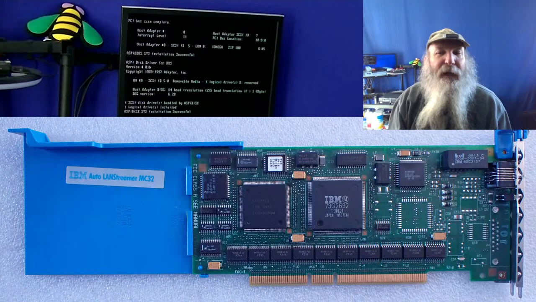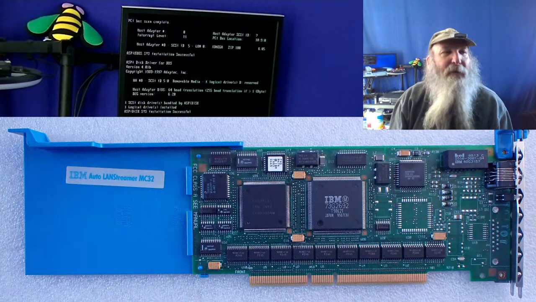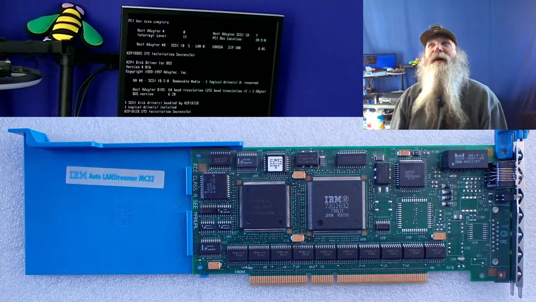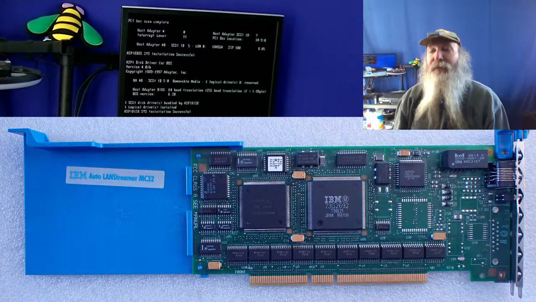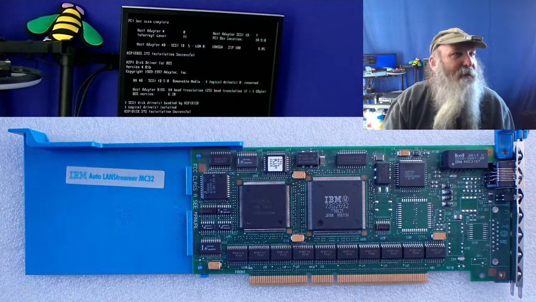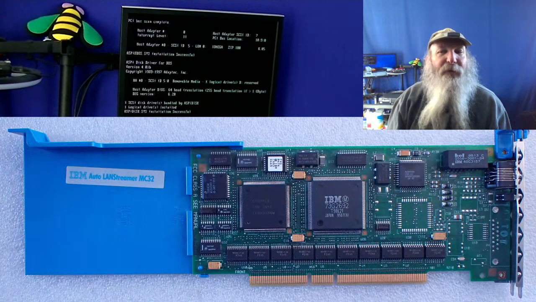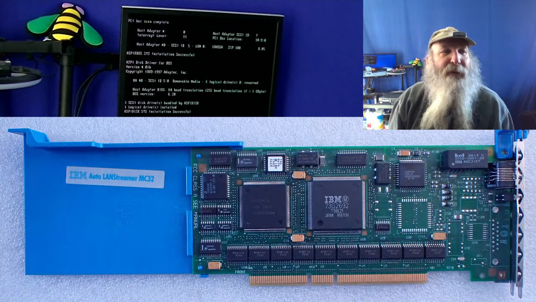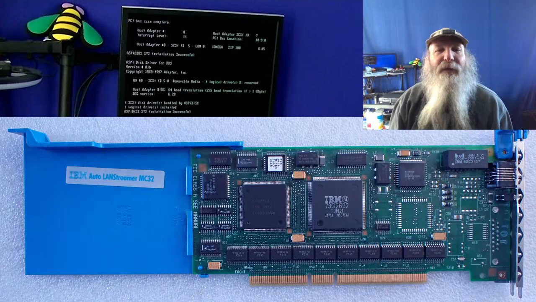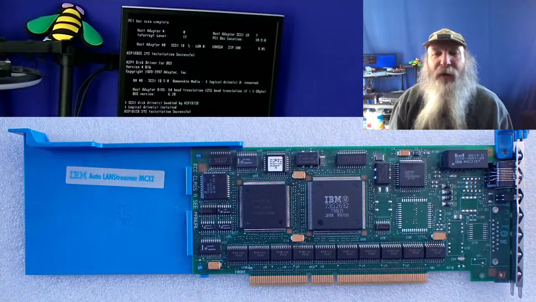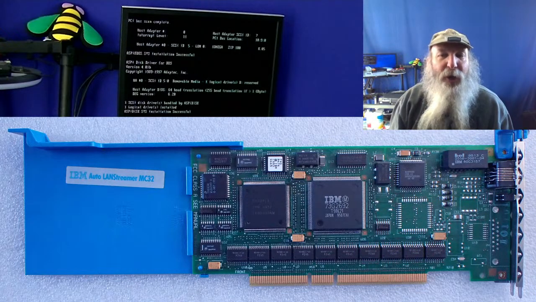I'm not seeing anybody answer so far in the chat window of what they think these unpopulated areas on this token ring Micro Channel board could be. And the answer, which is very evident from that port on the back bracket, is that it looks like an Ethernet AUI port.